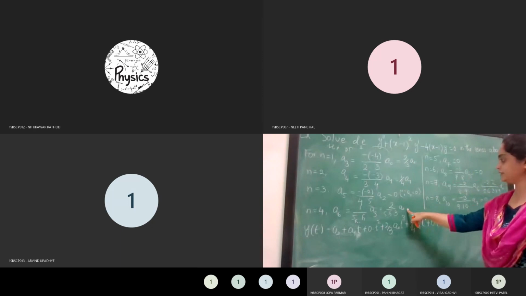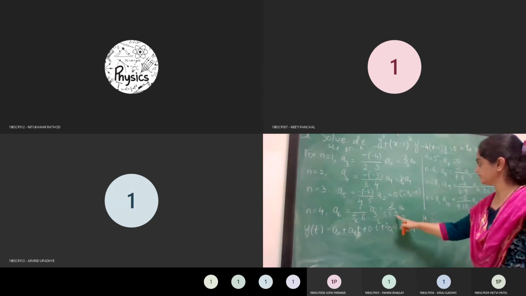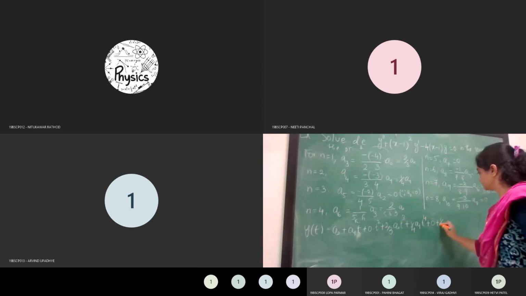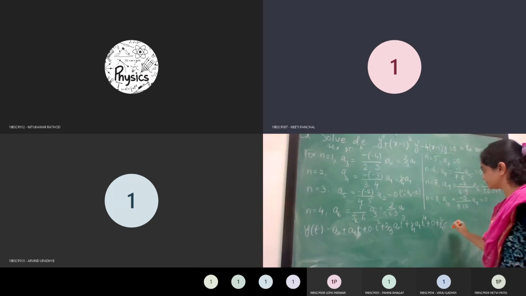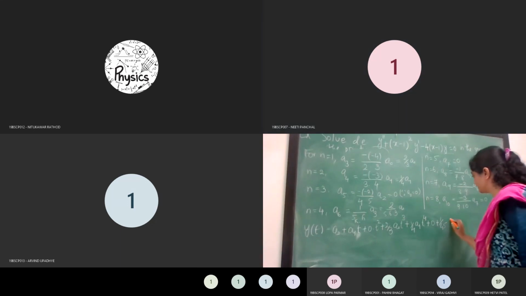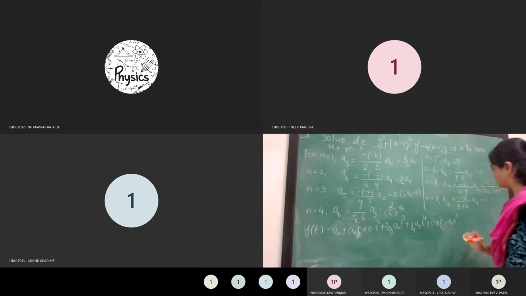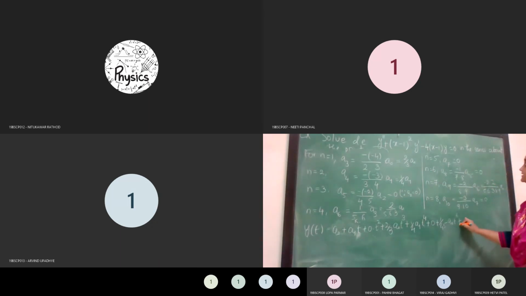A6 means this one. What will be the simplification of this one? Is it 1 by 45? Yes, ma'am. Okay, so it is 1 by 45 A0, with power T raised to 6, plus A7 is 0, A8 is 0.